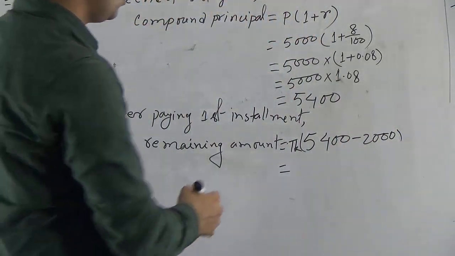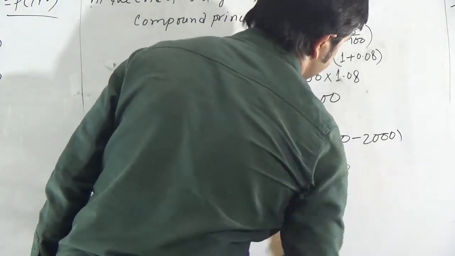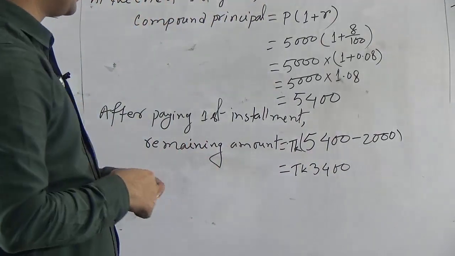If we subtract, what will you get? Taka 3400. This is a simple subtraction.